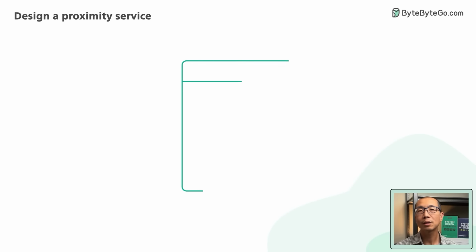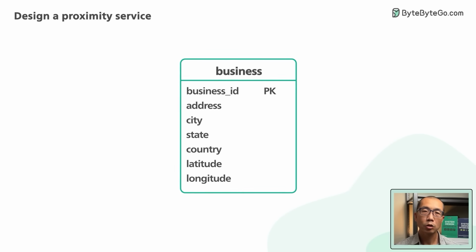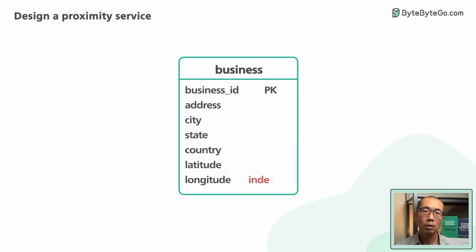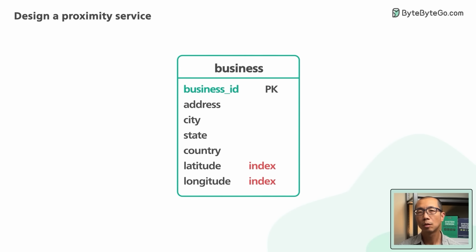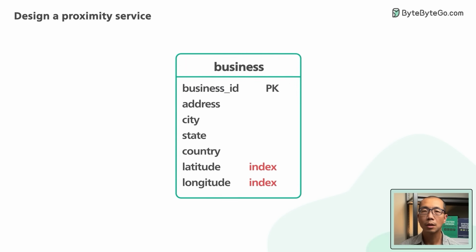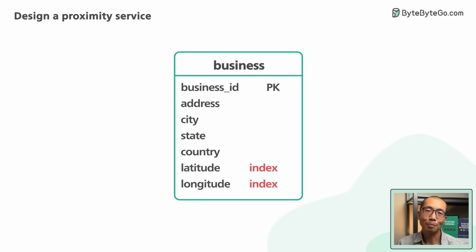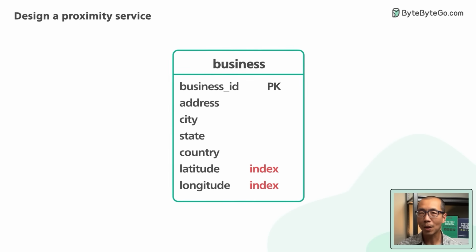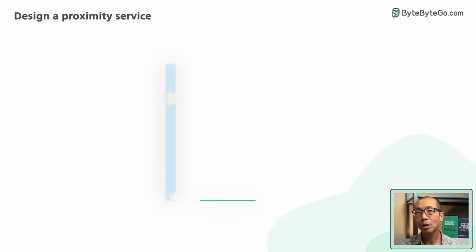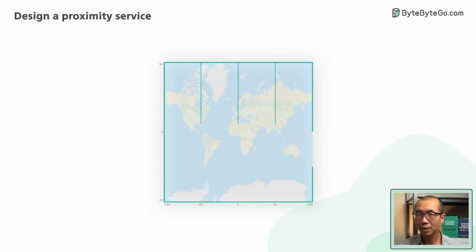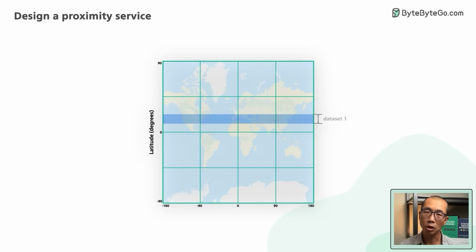Now, how do we improve this? One idea is to build indexes on the longitude and latitude columns. Will this make it more efficient? The answer is, well, not by much. Let's see if we could spot the problem. Here we have two-dimensional data. The dataset returned for each dimension is huge.